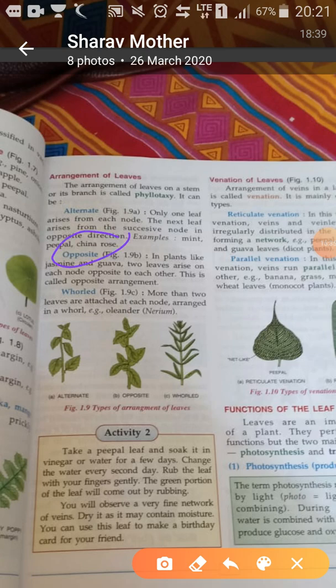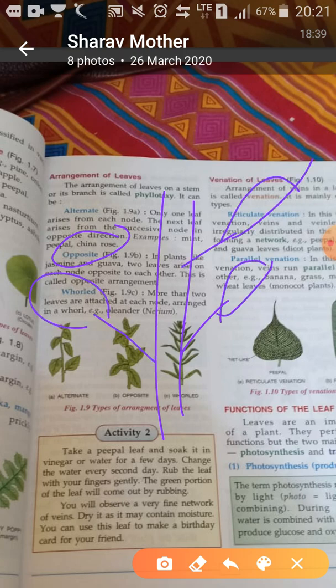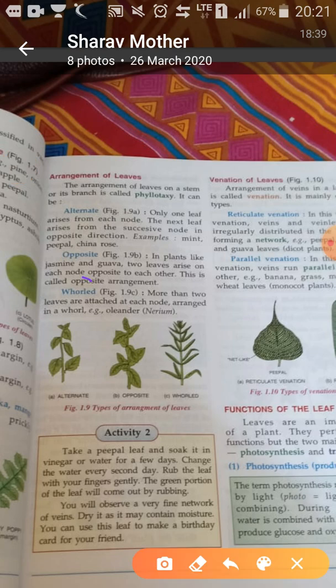This is what you call opposite arrangement, where from one place two leaves come out. Two leaves are coming out from the same place.